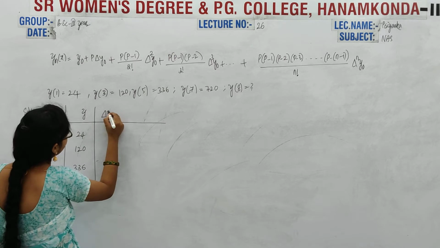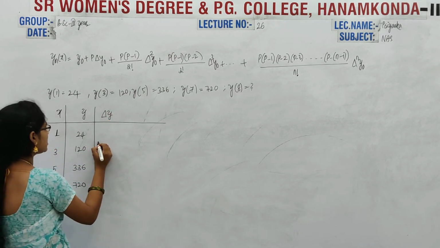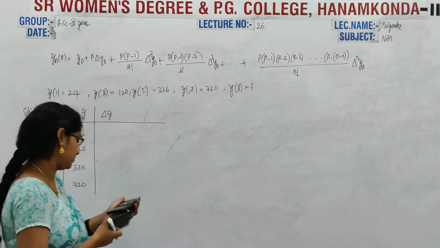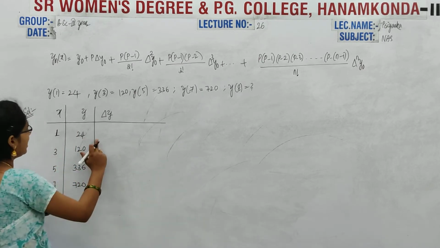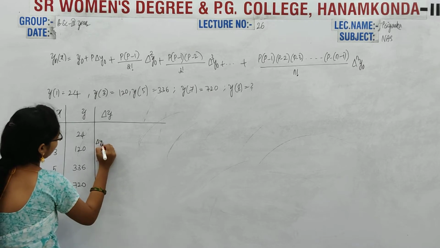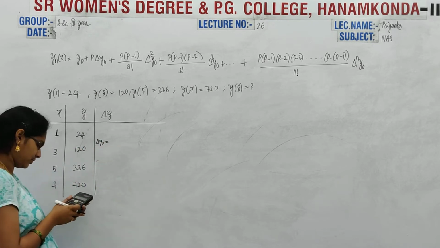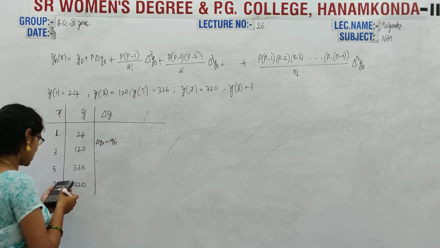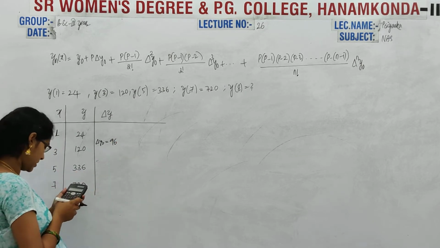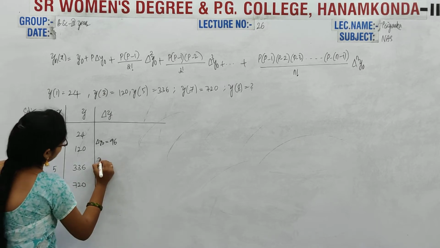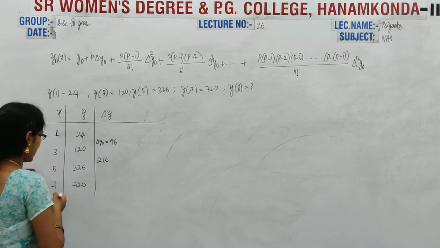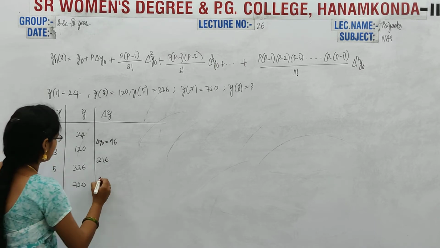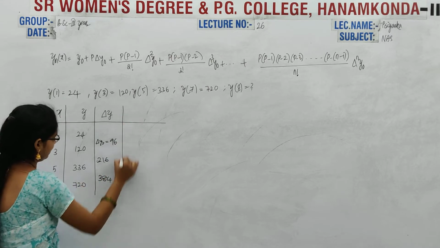Now here it is del y. Del y naught is equal to what? 120 minus 24, that is 96. Next, 336 minus 120 is 216. Next, 720 minus 336 is 384.